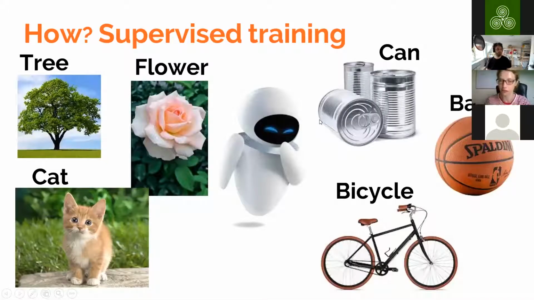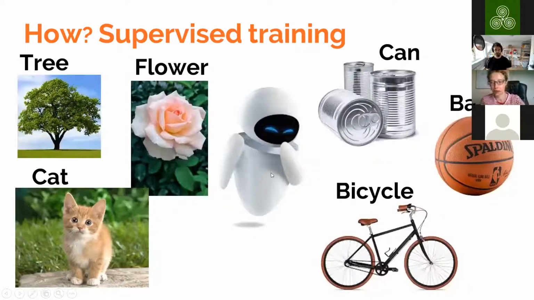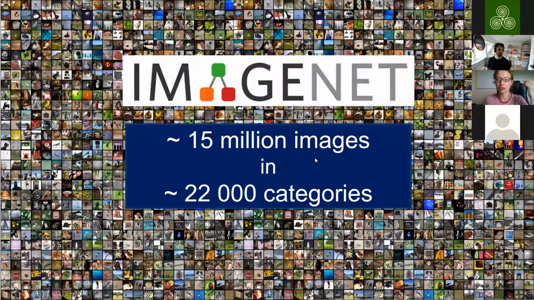So first of all, we need to get a great amount of data. Basically, children by the age of 3 are able to identify most of the objects around them. But by the age of 3, they have seen lots of bicycles, cans, and plants. So to get that vast amount of information, the ImageNet dataset has been created.